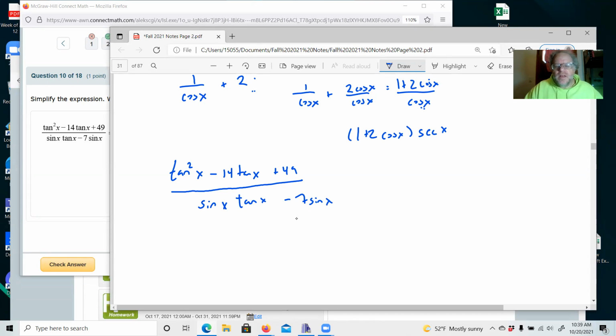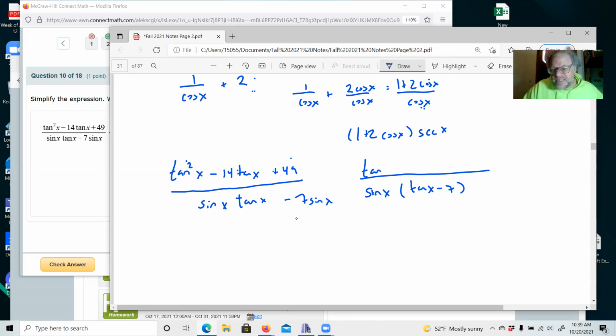Okay. So what I'm going to do is pull sine x out of the bottom because that seems to be the obvious thing. We have tangent of x minus 7. This is suspicious because we've got a perfect square, and 7 plus 7 is 14. So let's do a guess and check here.